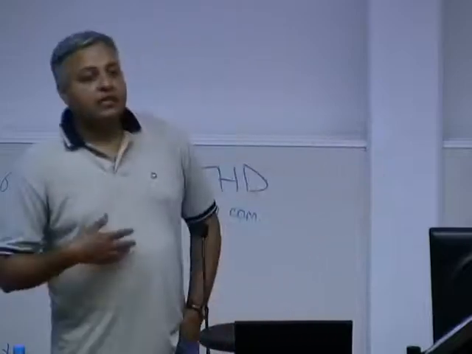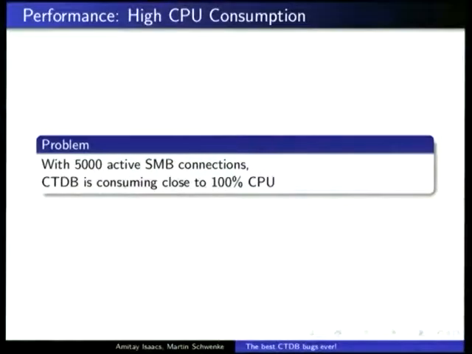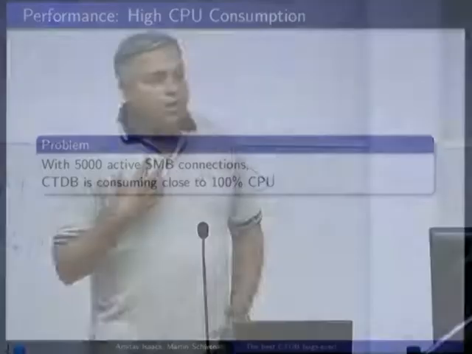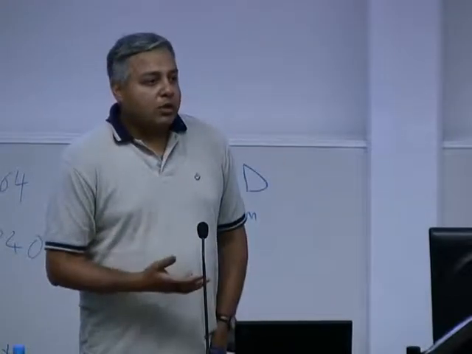But then we hit the next problem. Now CTDB started consuming 100% of CPU. CTDB is a single-threaded application, so it runs on a single CPU, so it's running on one CPU at 100%. Okay, so what's happening? Now we have to figure out what's going on in the system. So we use perf.